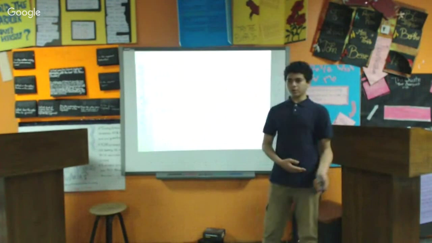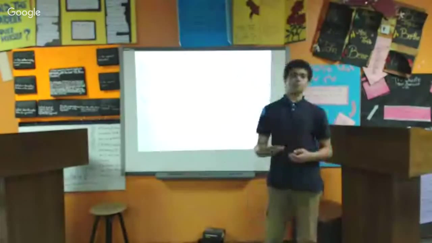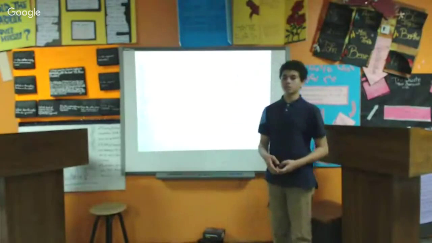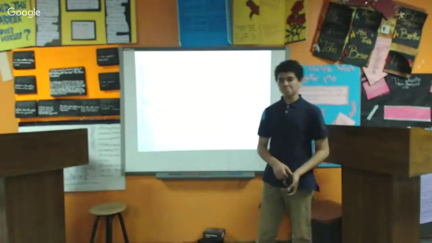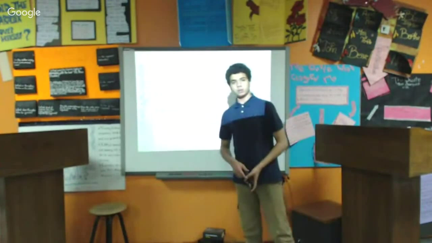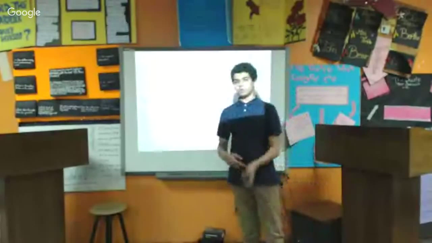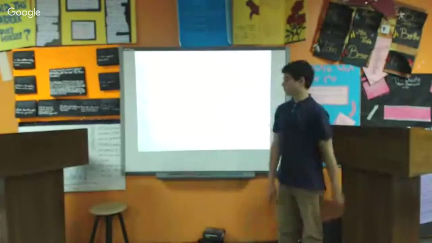Pathos is using the emotions to persuade the reader to accept your argument. And lastly, logos is using logical reasoning to persuade the reader to make him understand your argument.